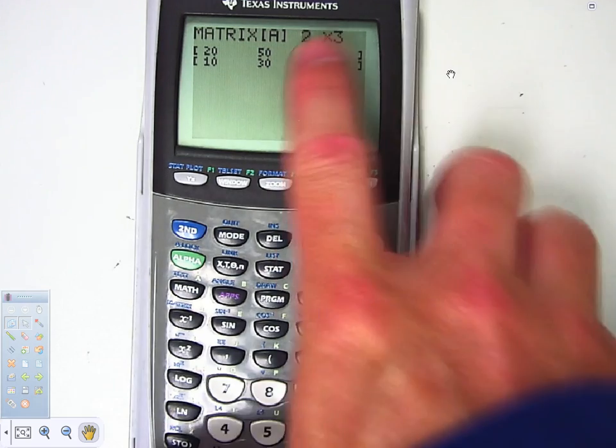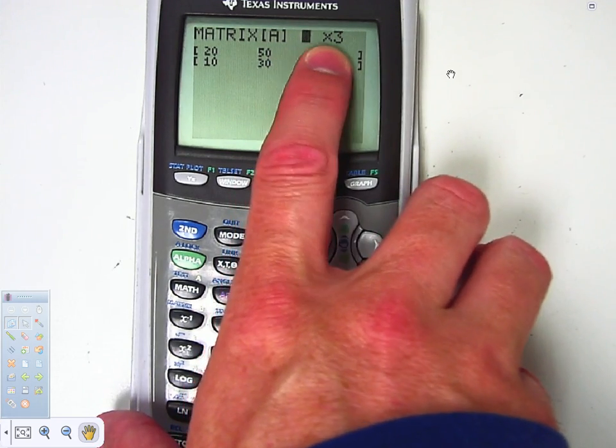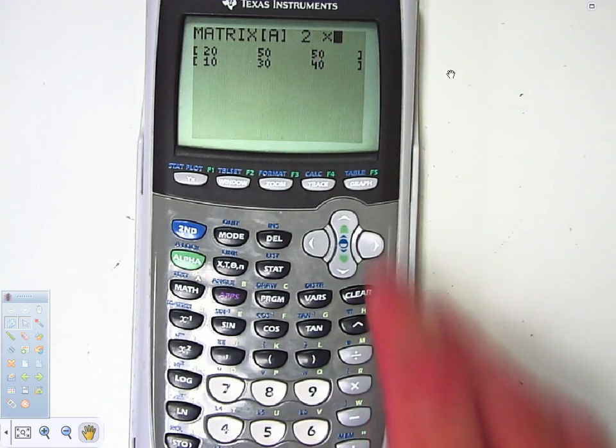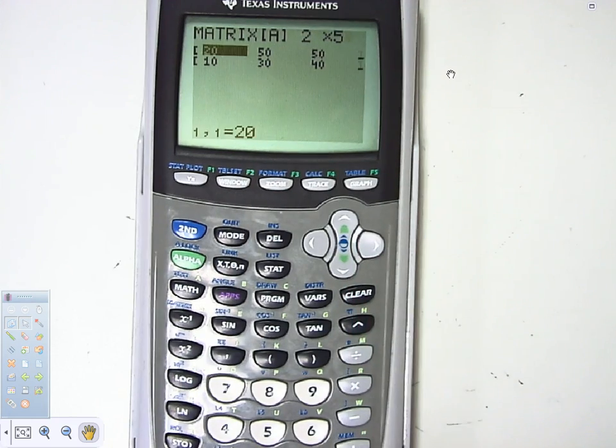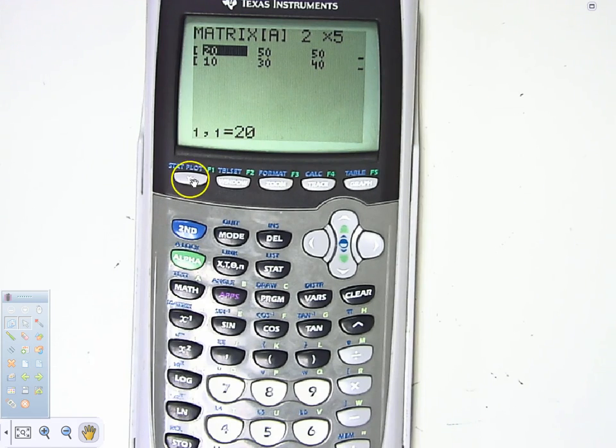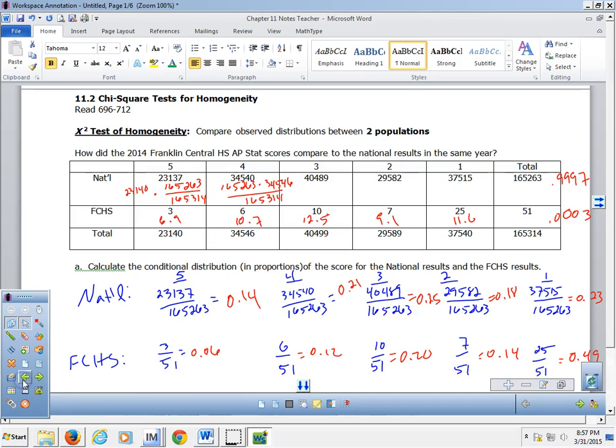Our two-way table has 2 rows but 5 columns, so I want to type in a 5 over here. So I want to go 2 by 5. Then it puts you into that first cell, and now we're just going to type in our numbers from our two-way table. You can arrow across as we do that.